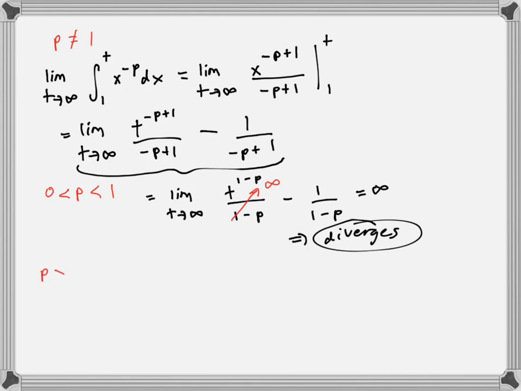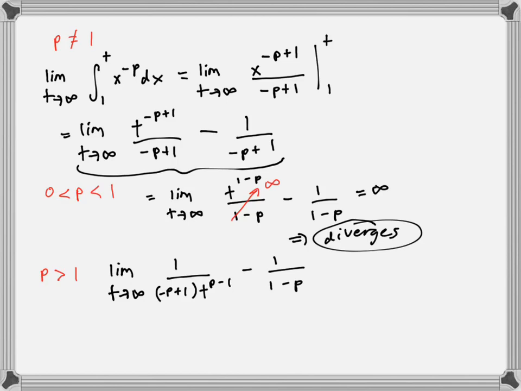So if p is larger than 1, then this actually means that -p plus 1, or 1 minus p, is actually a negative power, right? So I can actually write this as follows. I flipped it to the other side.